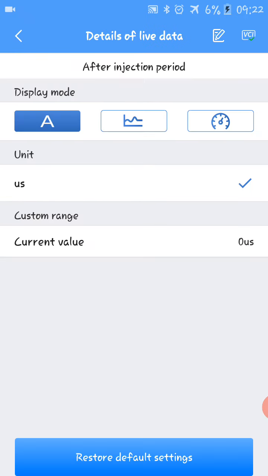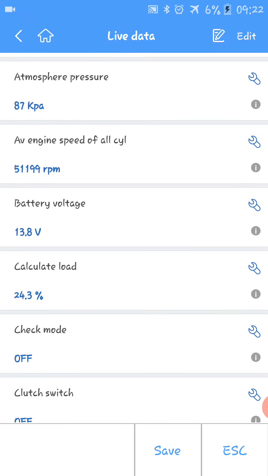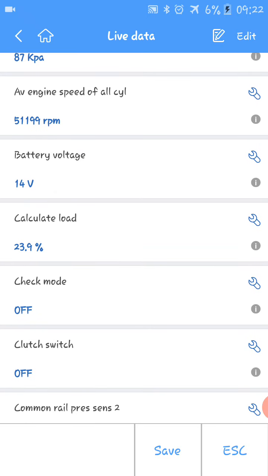Calculated load, very important. Let me look at this. Calculated load is at 24.7%. This figure should be around 11%, but it's 23. So already it shows you the problem on this car.